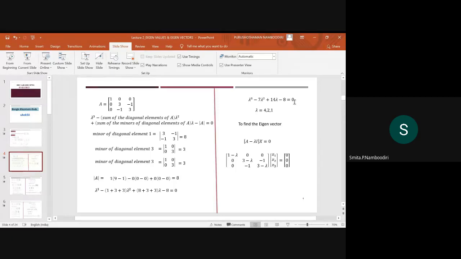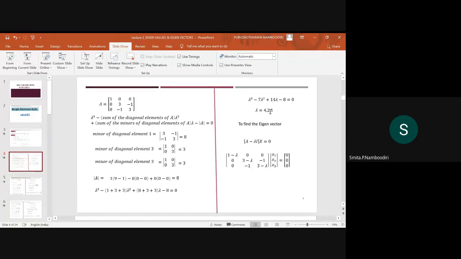Go to mode equation and then 5 या 4 जो भी है वहां पे इसकी values निकालनी है. Clear, Nitesh? Yes, okay.